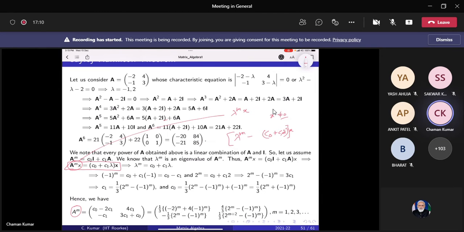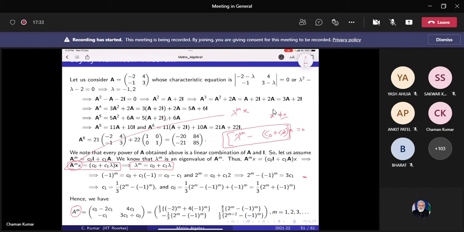So if x is not 0, the only possibility for this quantity to be 0 is that the bracket should be 0, which means lambda^m is equal to C0 plus C1 lambda.